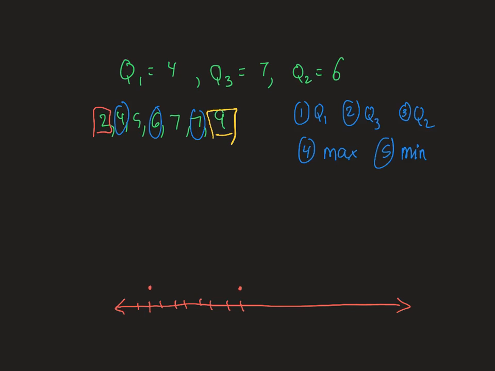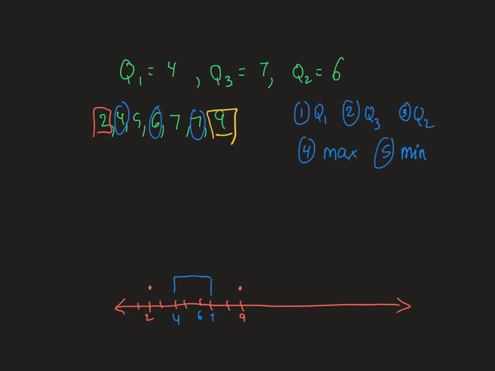Now, it's called a box plot, so you're going to see why. At your Q1, which is 4, and you have 6 and 7. So at 4, which is your Q1, you're going to draw the beginning of your box. At the 7, which is your Q3, you're going to draw the end of your box.